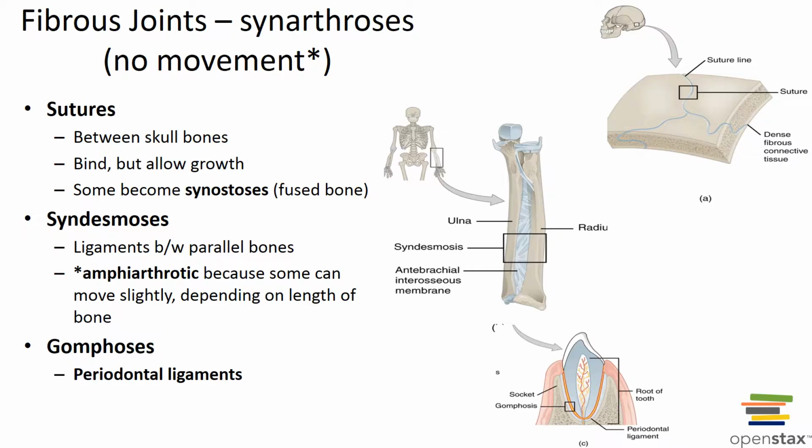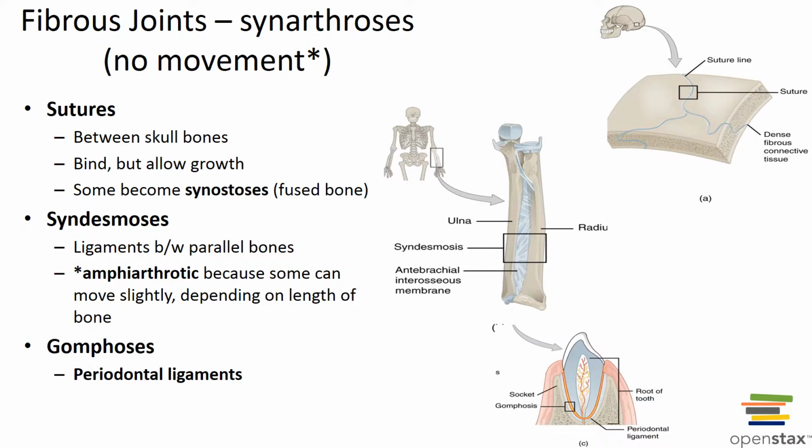Syndesmosis is a type of fibrous joint where the bones are connected by an interosseous ligament and are amphiarthrotic. The most common example is the distal articulation between the tibia and fibula, called the tibiofibular joint.